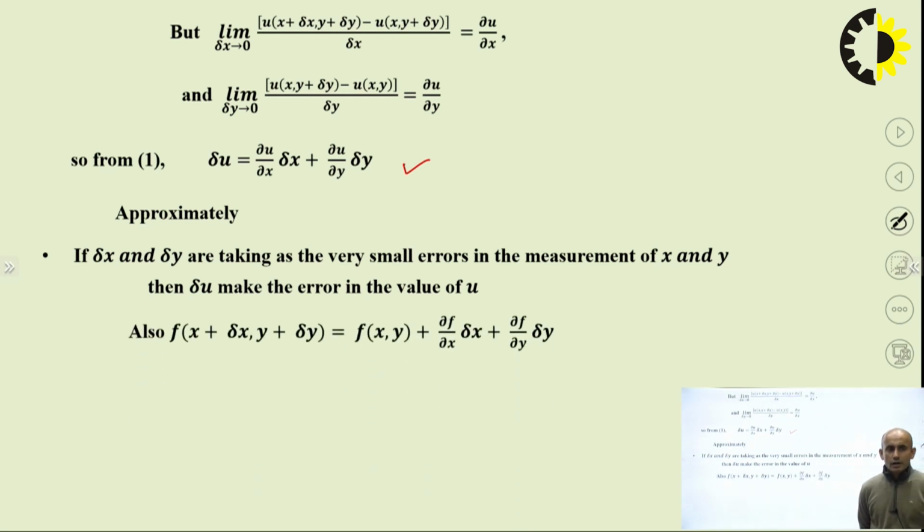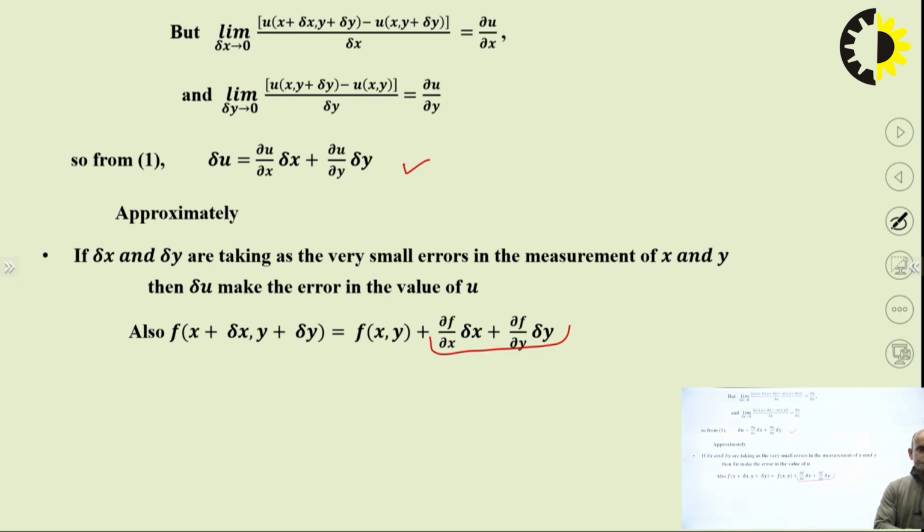Then the approximate value of the function f(x plus delta x, y plus delta y) will be f(x, y) plus del u upon del x, delta x plus del u upon del y, delta y, and this is the approximate error in the value of f or u.